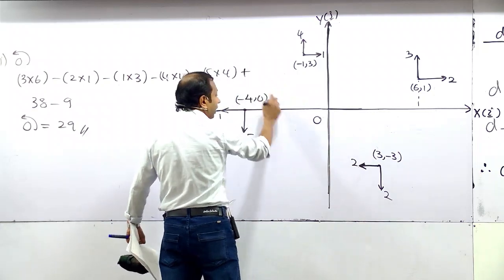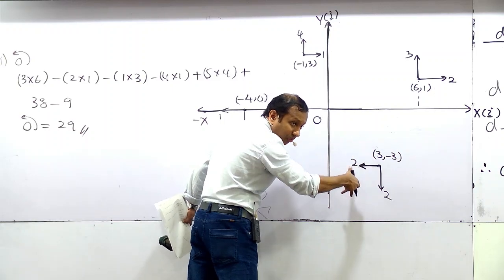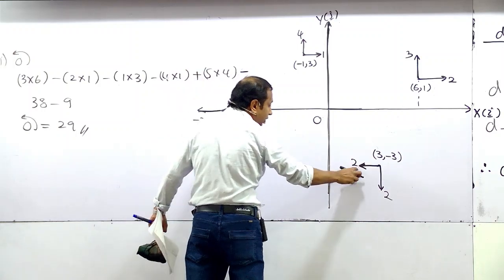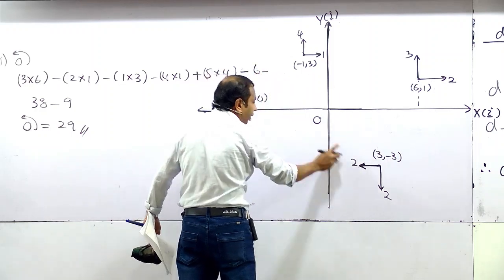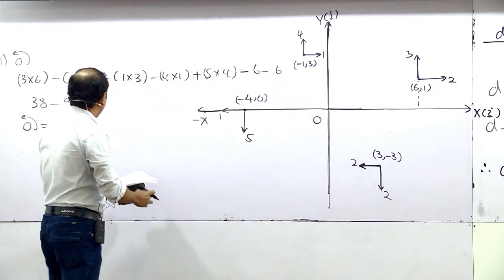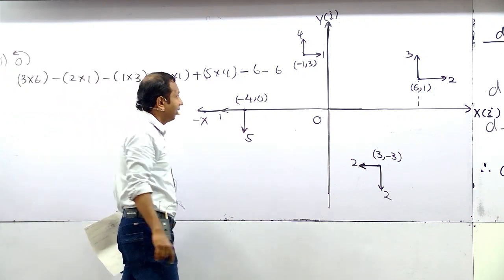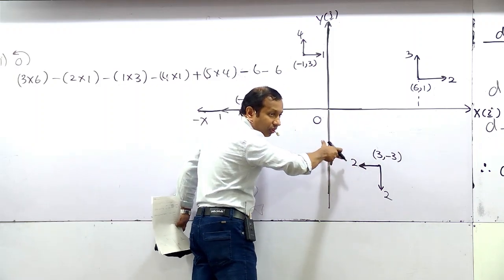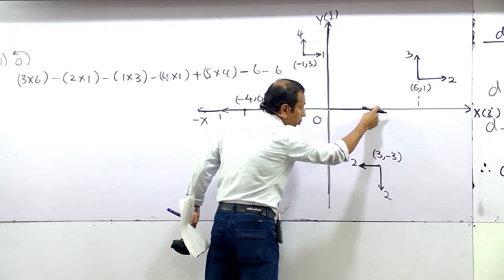This 2 gives clockwise, this 2 also clockwise. Then we get a negative clockwise moment. This 2 gives 2 into the height 3, that is 6. The other one also 6. Am I correct? Yes. These two both give clockwise moment. For this 2, the height is the y coordinate 3. For this 2, it is the x coordinate.